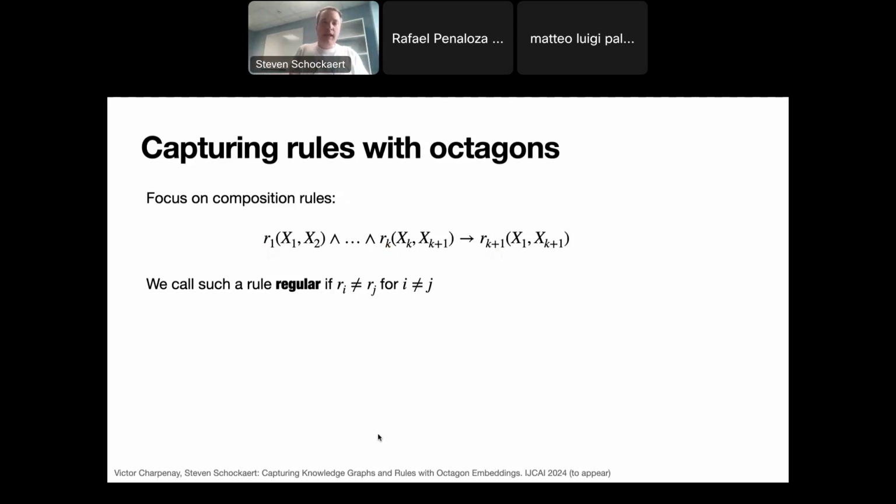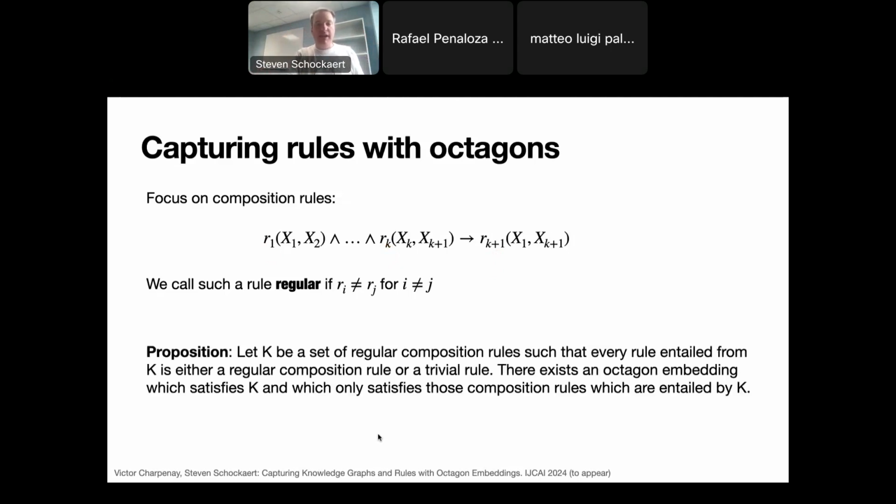Okay, as long as that's true for all the rules in our rule base, and all the rules that are entailed by the rule base, then we can find octagons that exactly capture the rules that are included or entailed by the rule base, and nothing else. So no other composition rules that we didn't want to capture.